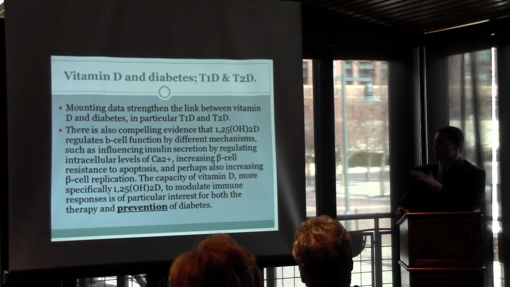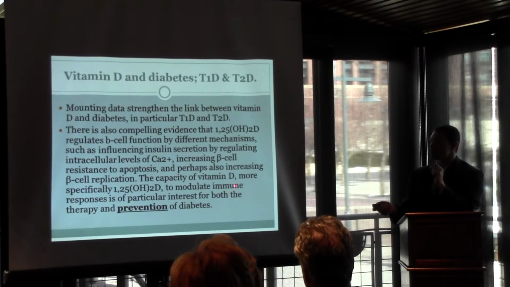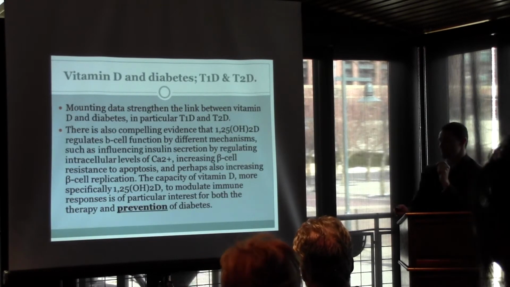But the point here is that the capacity of vitamin D, more specifically your 1,25 hydroxy, to modulate immune responses is of particular interest for both the therapy and prevention of diabetes. And hang on to this immune responses, because I'm going to come back to that in a minute.